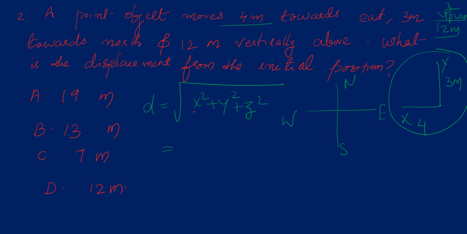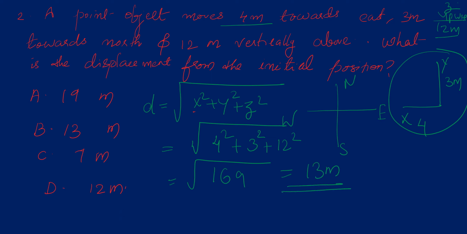Here x is 4 square plus y is 3 square plus z is 12 meter. So you will get root 169, that is 13 meter. So option B is the correct one.